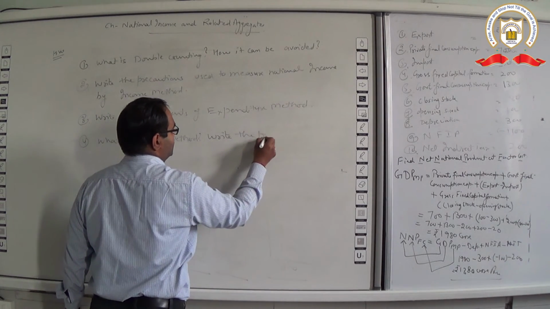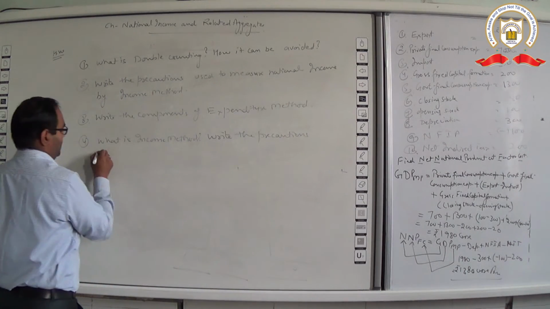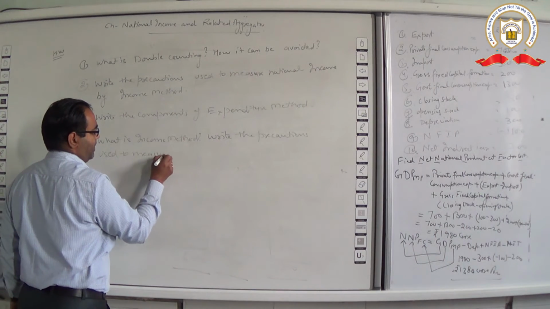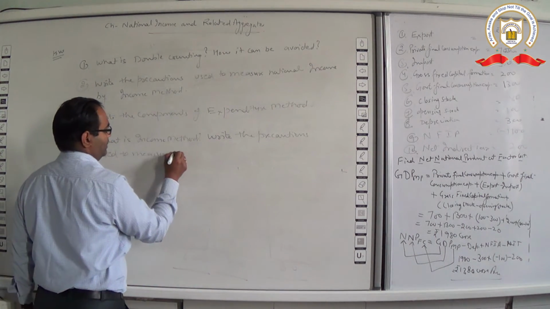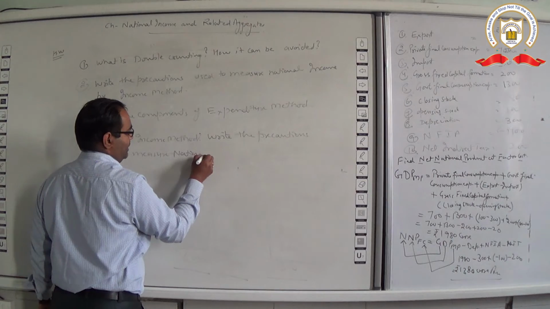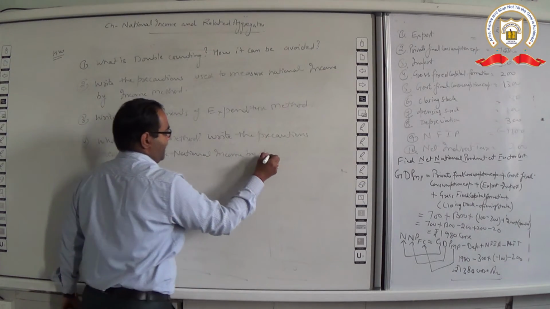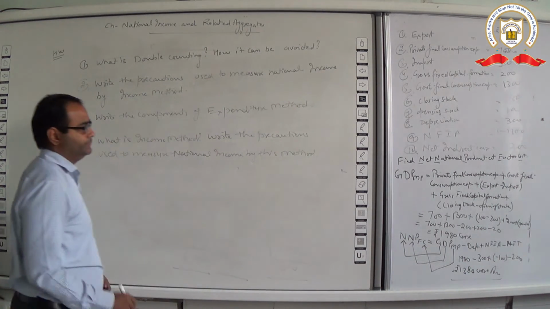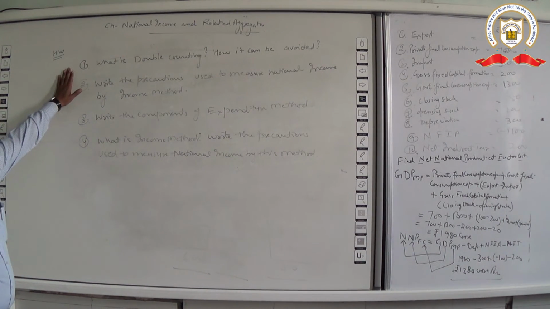Write the precautions used to measure national income by this method. Again, I am repeating the homework.